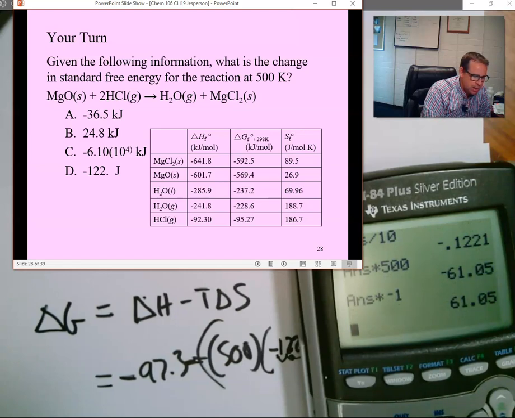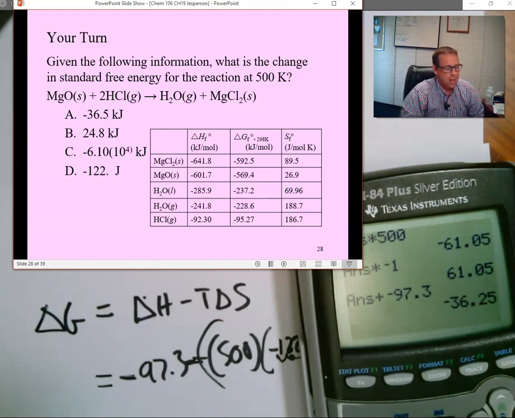And I'm going to add it to the negative 97.3. So, still get a negative 36.25. But, yeah, so we're predicting that the reaction is still going to be spontaneous.